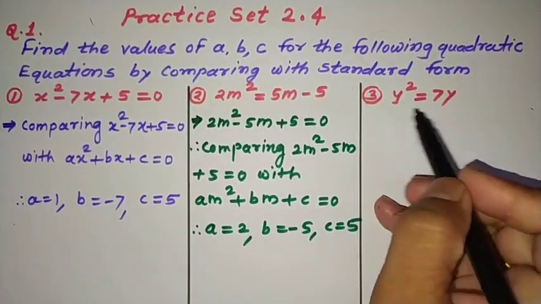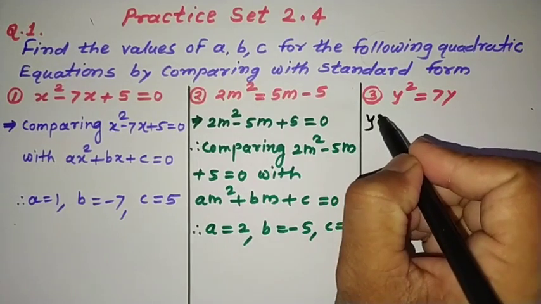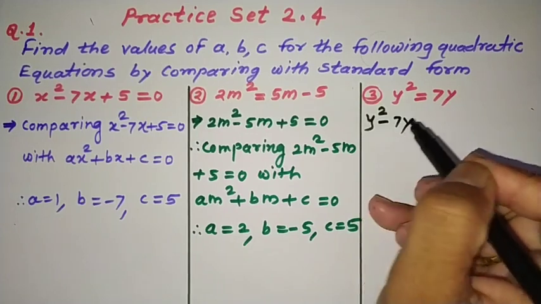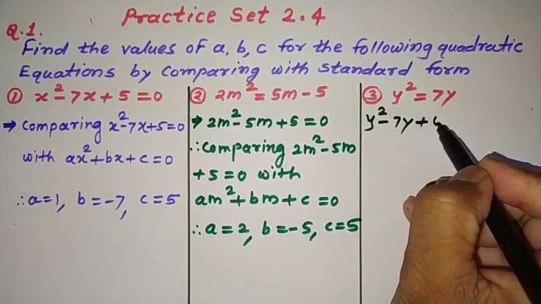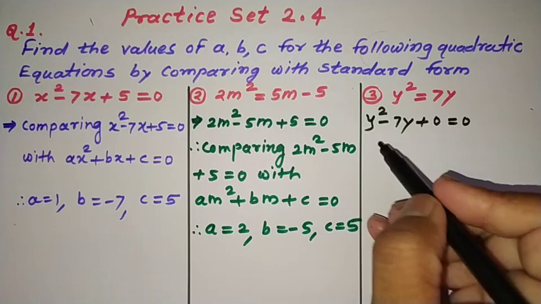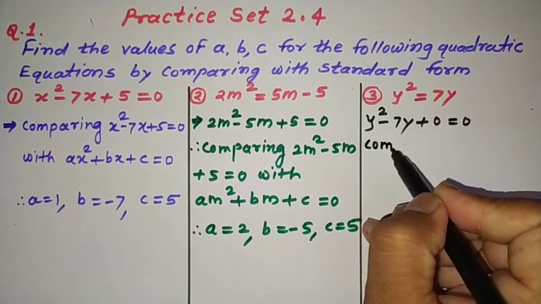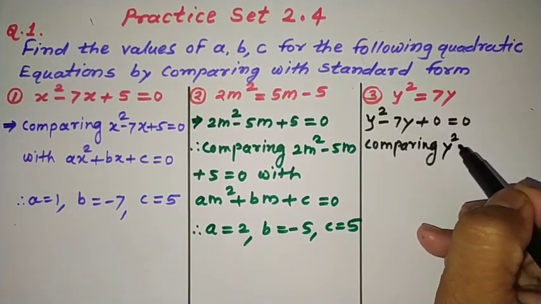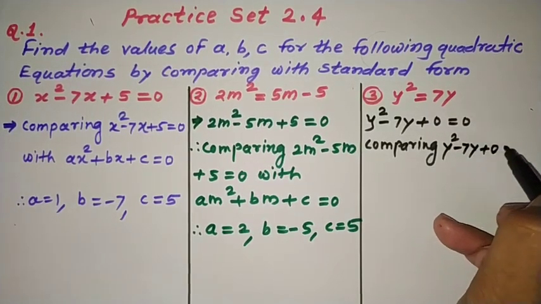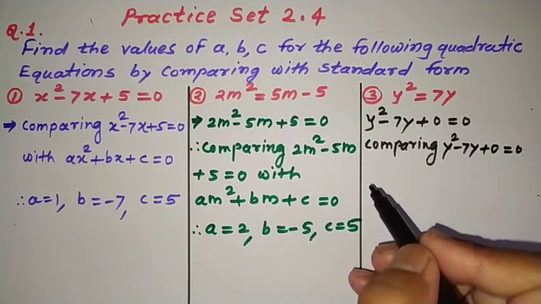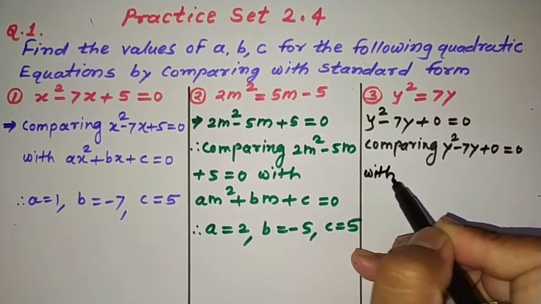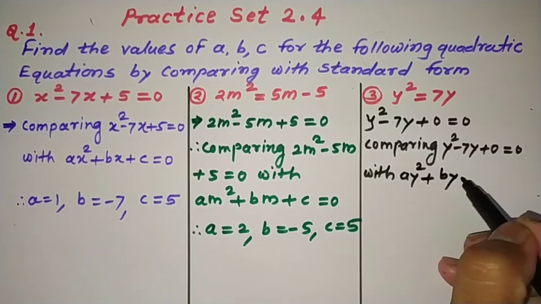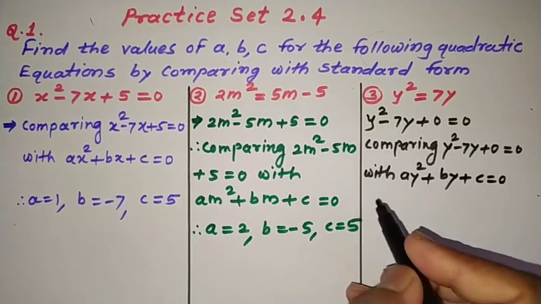Example 3. First, write down in the standard form of the quadratic equation: y square minus 7y plus the constant term 0 is equal to 0. Comparing y square minus 7y plus 0 is equal to 0 with ay square plus by plus c is equal to 0.